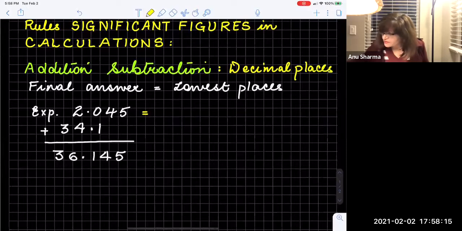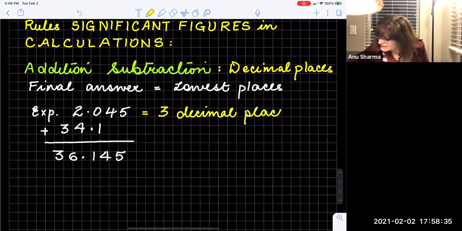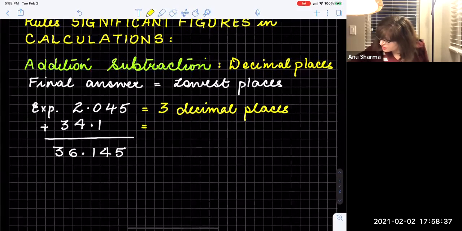Decimal places, not the significant figures. For the first one, you have 3. For the second number, you have 1. So three decimal places, not the significant figures. So 3 decimal places here, and you have 1 decimal place here.